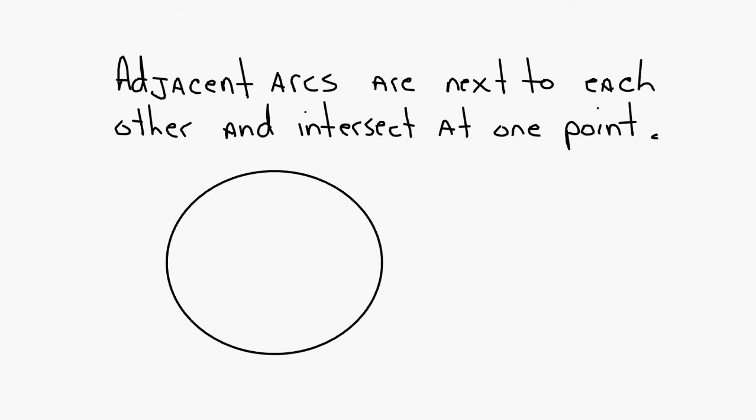If you've got a circle, and let's say point A and then point B on the circle and point C. Don't you have an arc right here, AB? And isn't that next to an arc, BC? What point do they share? B. So they're adjacent arcs.